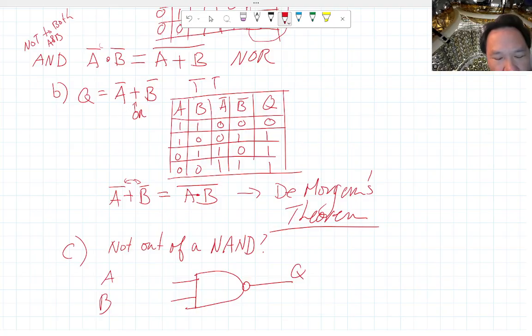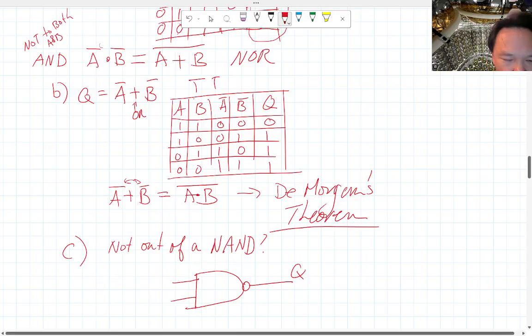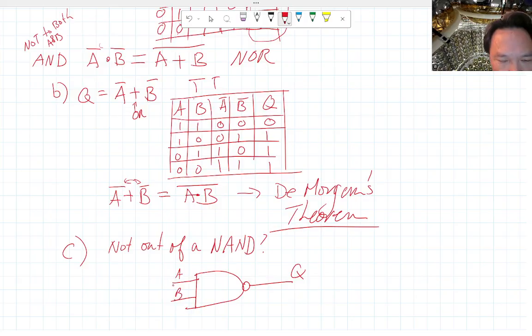You could connect the output to the input and stuff like that, but that's going to be problematic, because whatever A is, you don't want that to be Q, you want it to be the opposite. Oops, I should draw these A and B over here. And you only have a single input, so maybe the first thing to try is to make A and B the same. So let's say the input is C, and let's see what happens.